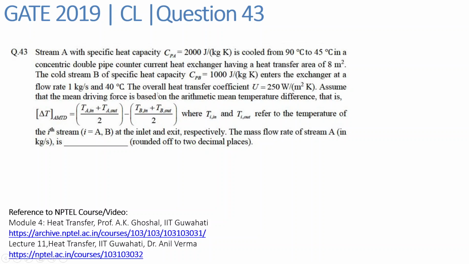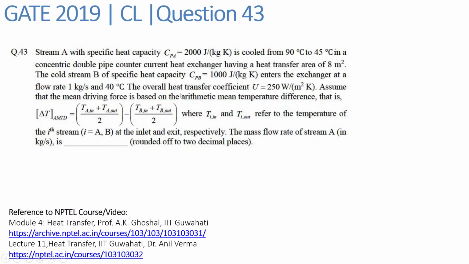So I will just quickly read the question. Stream A with a specific heat capacity CPA of given value is cooled from 90 to 45 degrees Celsius in a concentric double pipe countercurrent heat exchanger having a transfer area of 8 meters square. The cold stream B of specific heat capacity CPB is 1000 joule per kg Kelvin, and enters the exchanger at a flow rate of 1 kg per second and 40 degrees Celsius.